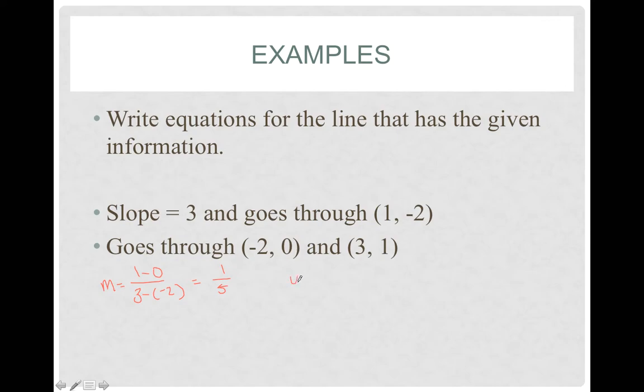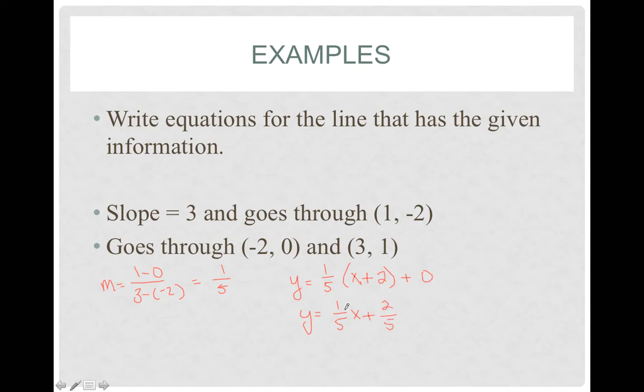All right, so that means I have a slope and a point. Doesn't matter which one you use here. I kind of like to use the ones with zeros. So it's x minus a -2, so this becomes a +2, plus 0. So if I distribute to put in slope-intercept form, it's 1/5 x plus 2/5.